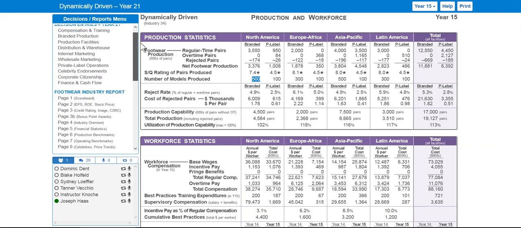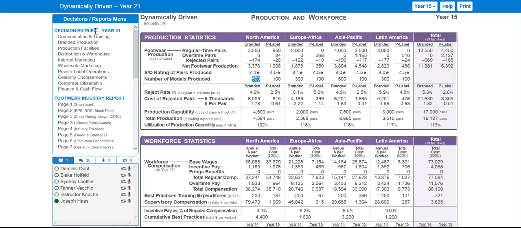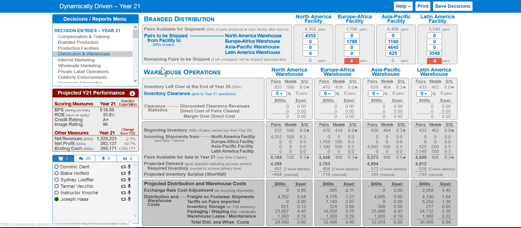And that will bring us back up to all of the decision entry screens. Really the most important screen that you're trying to look at is the distribution screen. All the other screens really drive this screen.